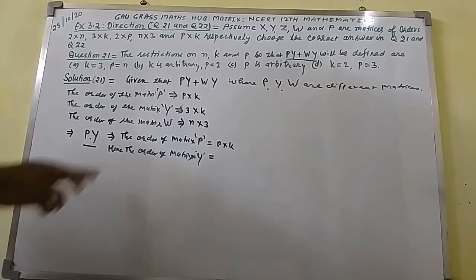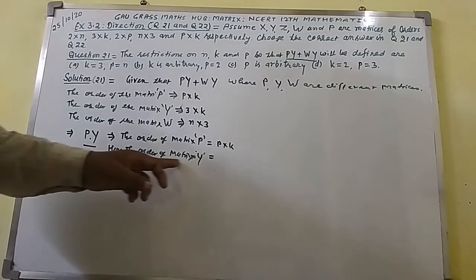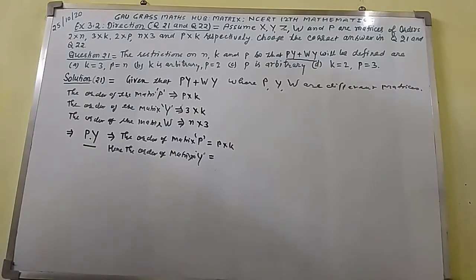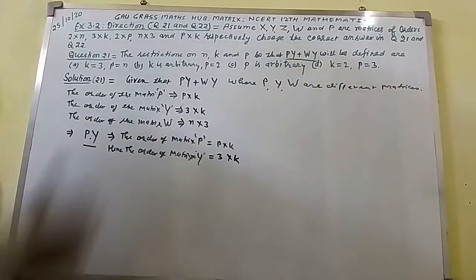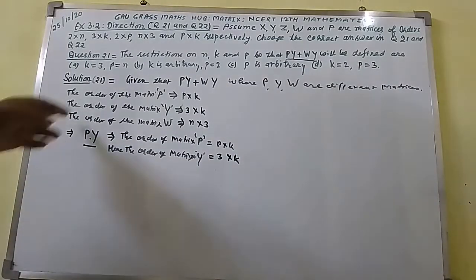So here you can see I have written here, hence the order of the matrix Y you have got here 3 into K. So here same thing I have written.